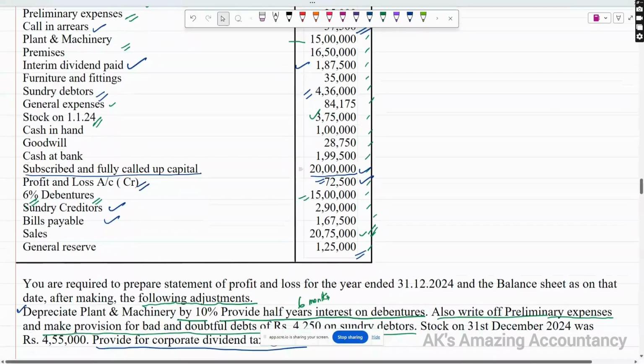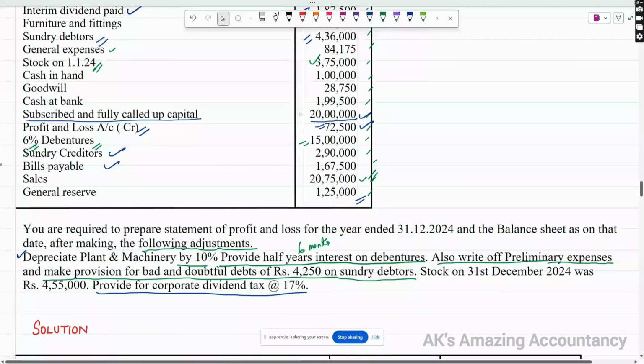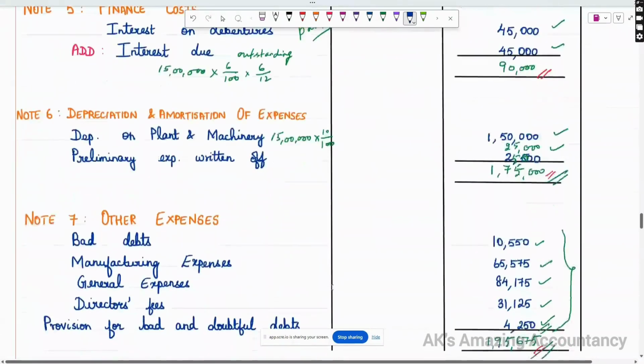From that, you have the provision for bad and doubtful debts. We have already treated this amount in the statement of profit and loss, which I prepared in the previous video. This 4,250, again we have to take to the balance sheet also.